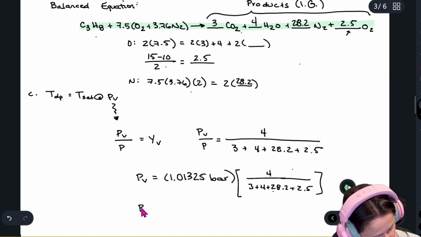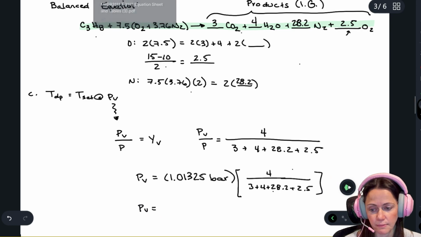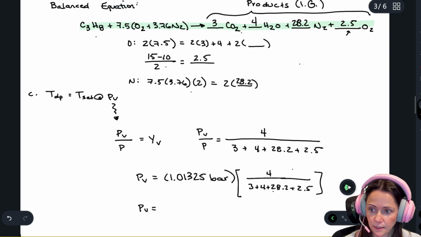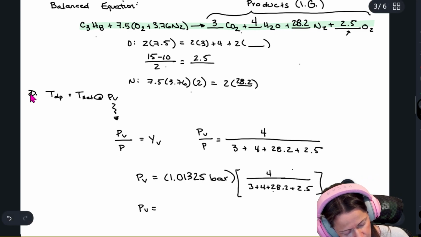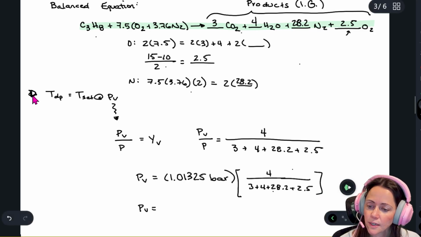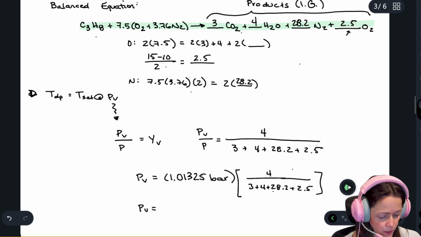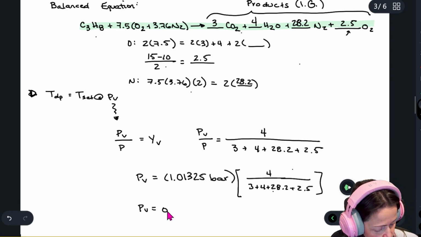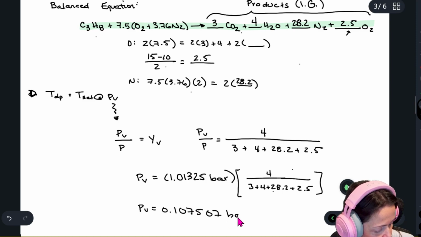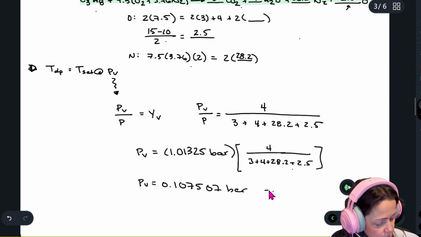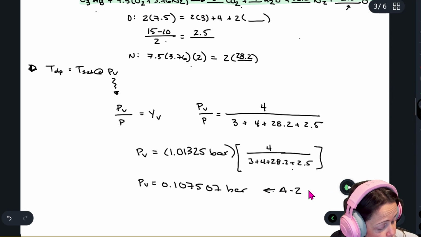All right. And so we end up getting, what are we going to get? Oh, I think I was supposed to find something else. Maybe this is part D. I'm solving it out of order, but that's okay. But let's see. So I've got a partial pressure of 0.107507 bar. And so all I need to do is look in table A2.